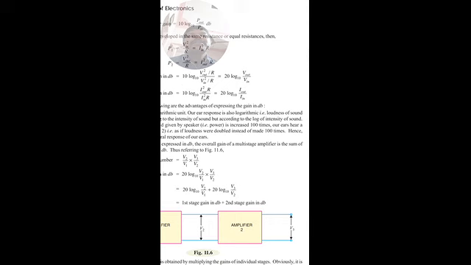We also have another advantage, that gains are expressed in dB. The overall gain of a multistage amplifier is the sum of the gains of individual stages. When we have the gain of a multistage amplifier in normal scale, it is the product of the gains of individual stages.